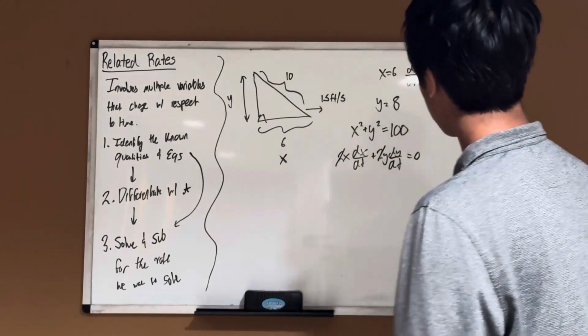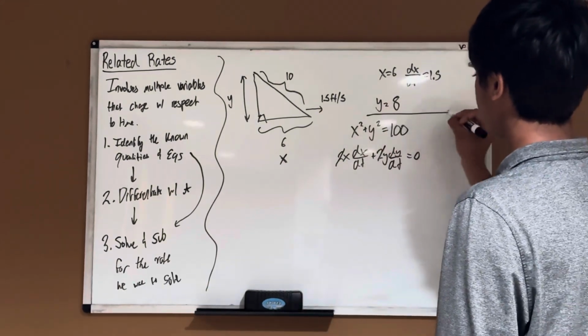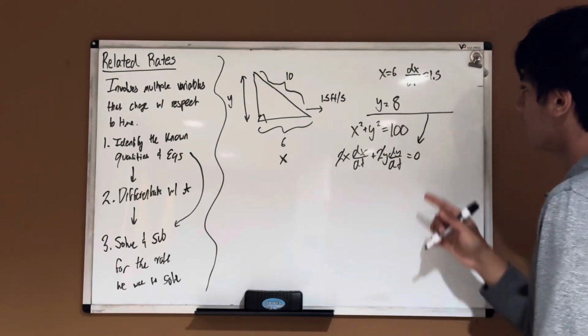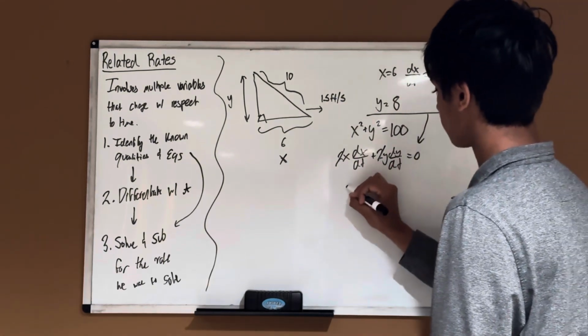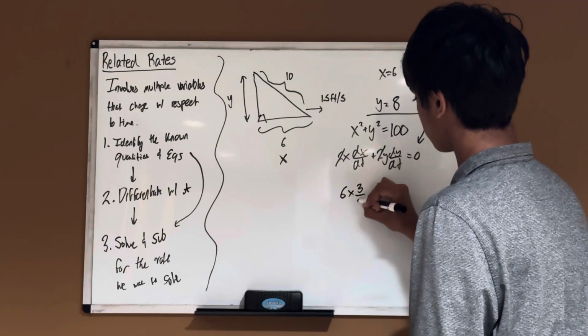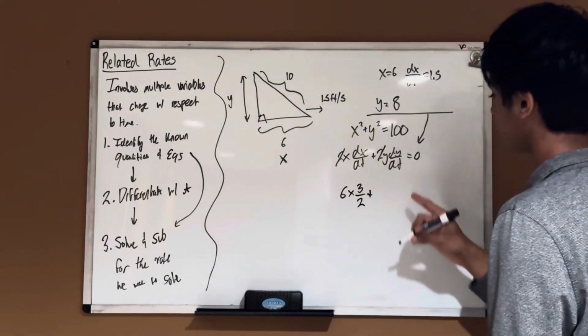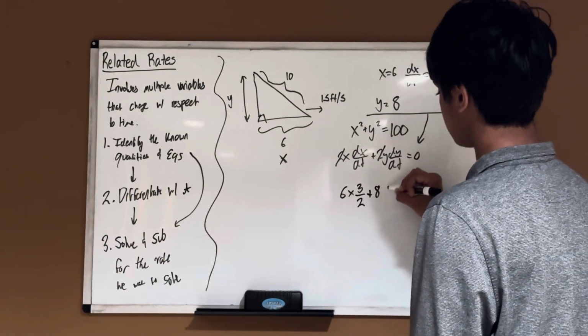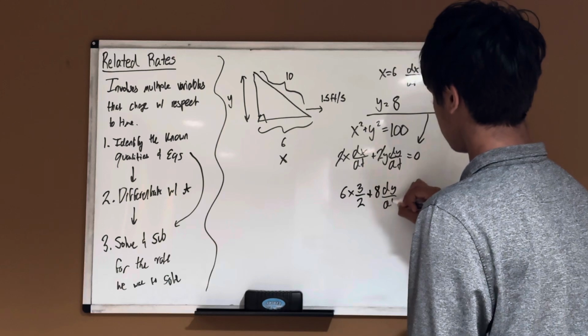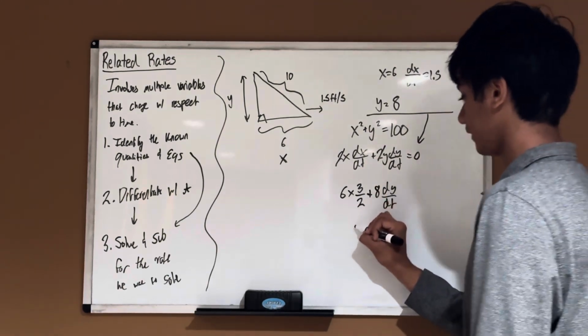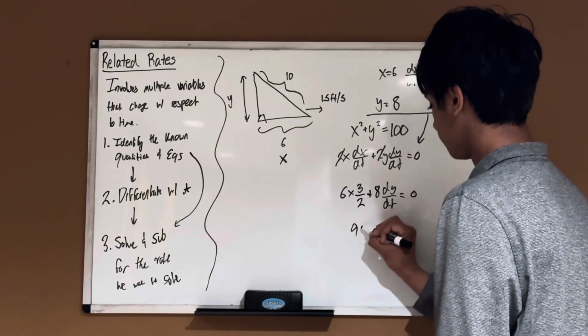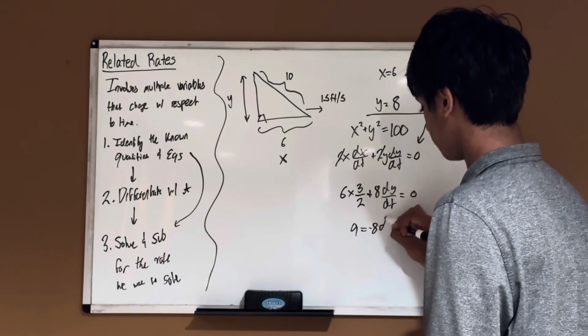Because it's 0 on this side. And we can plug in our known quantities now. So 6 times 3/2 plus, and for y, 8 dy dt. So here we get 9 equals negative 8 dy dt.